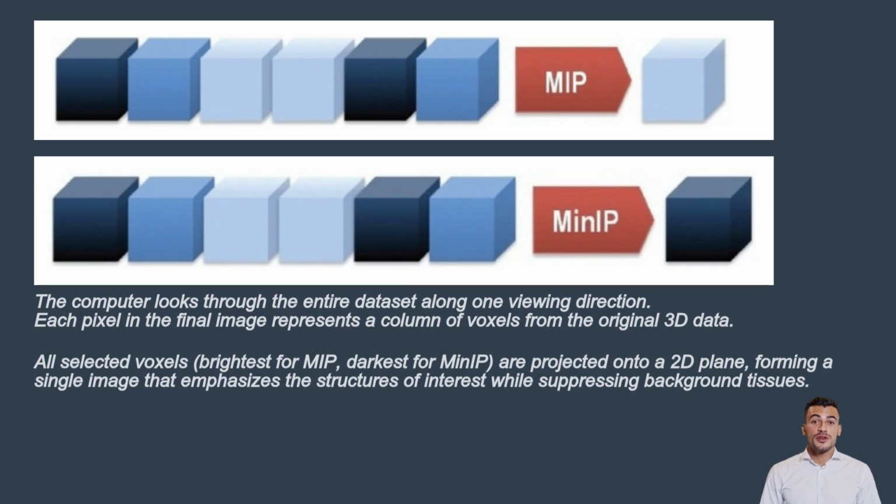The computer analyzes the dataset along a viewing direction, projecting selected voxels onto a two-dimensional plane. For maximum intensity projection, the brightest voxels are chosen, highlighting dense structures. For minimum intensity projection, the darkest voxels are selected, emphasizing low-density areas. This technique enhances structures of interest while minimizing background interference.